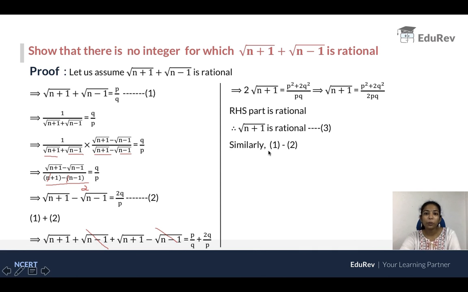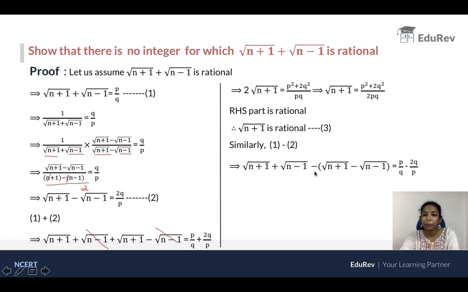Similarly, what I am going to do is subtract the second equation from the first equation. What will happen? Root n plus 1 plus root n minus 1 minus of root n plus 1 minus root n minus 1 is equal to p by q minus 2q by p. And here which terms get cancelled?